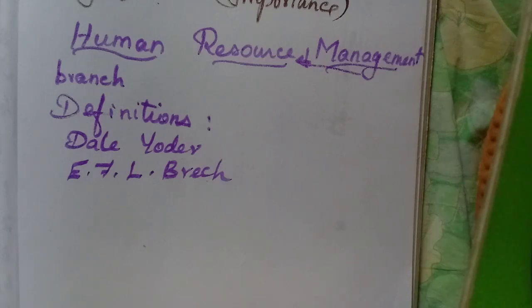Okay, one short definition. So what he says, it is that part of management process which is primarily concerned with the human constituents of an organization. This you might have understood, isn't it? So they are concerned only about the human constituents of an organization.